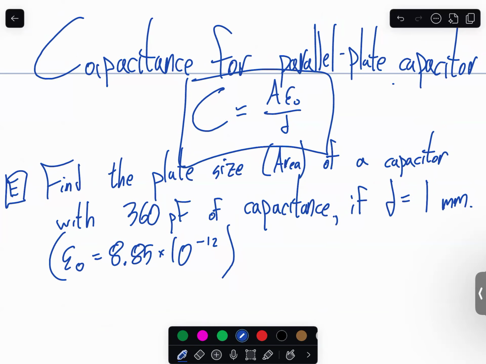Pico is trillionths. This is the practical value for electronics: trillionths of a farad. Farads are huge. A farad is a huge amount of capacitance. Pico is 10 to the minus 12. I'm going to give this a shot. Ready, set, go.